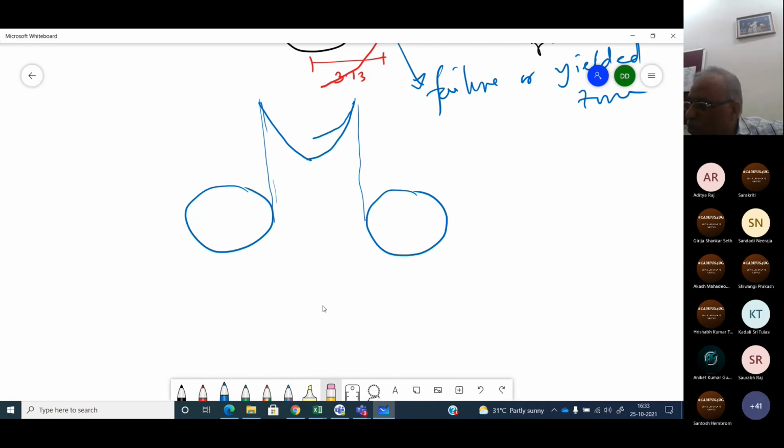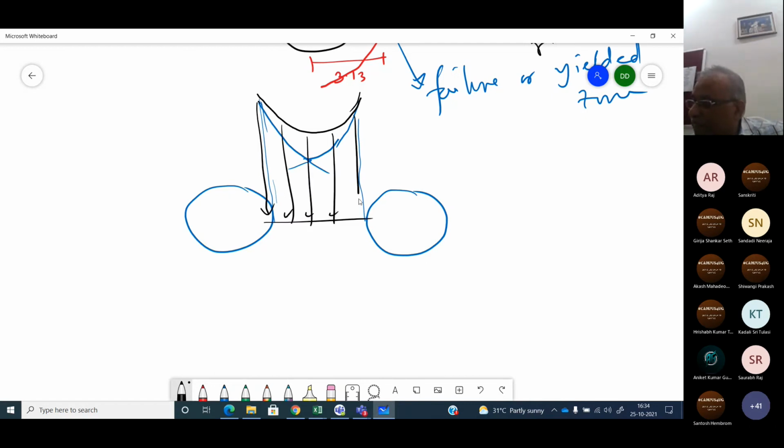And then I told you that for the overlapping region there will be a little bit of high stress, because this is individual. But since they overlap, it may be a little bit of something like this. This is what the stress looks like in the elastic zone.